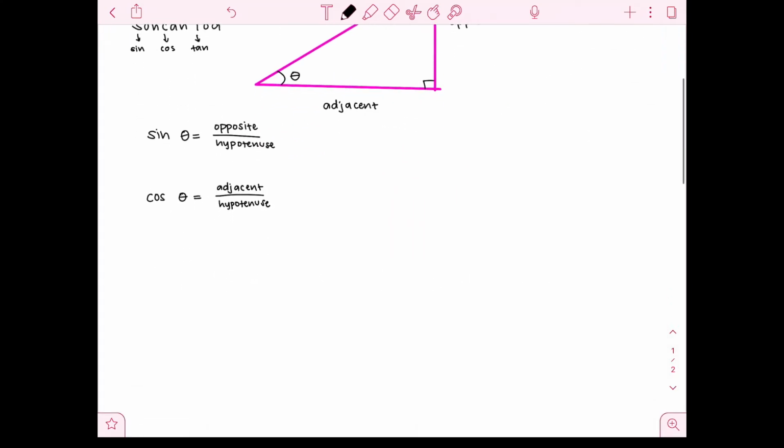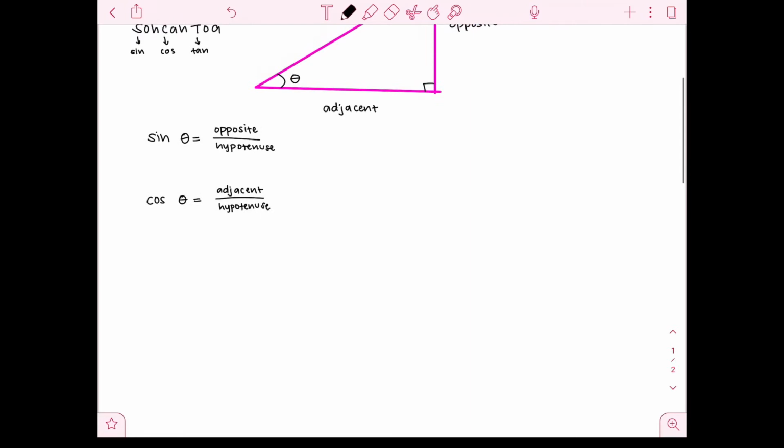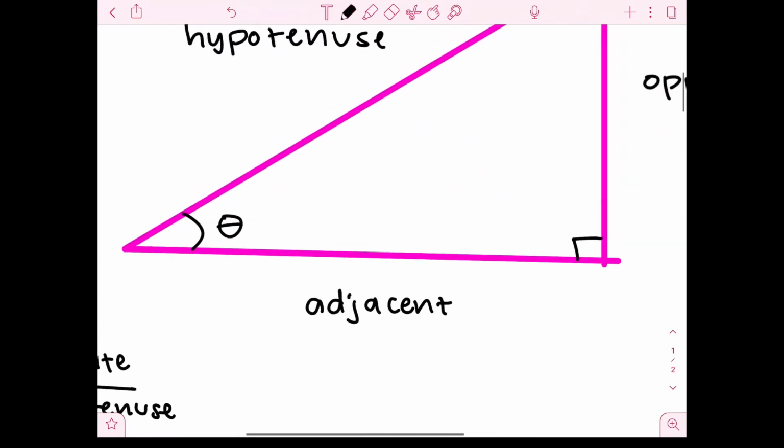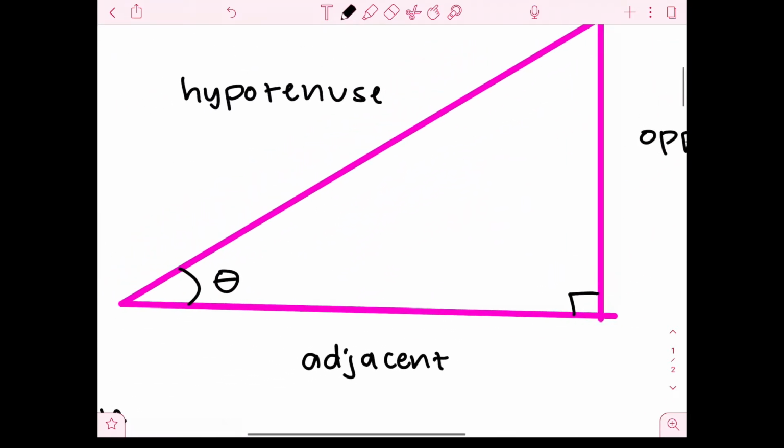Great. And now we're going to look at our tangent of theta. And going back to cosine, our cosine is going to be our adjacent to angle theta divided by our hypotenuse distance, just to clarify.